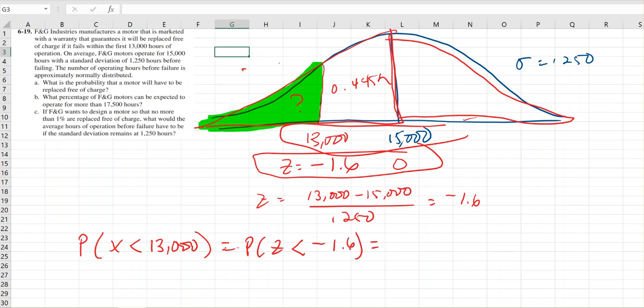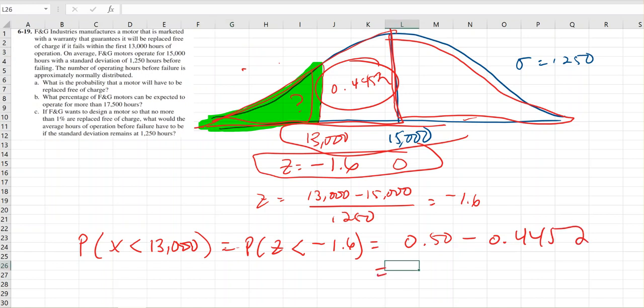And I know that to find the green part here, which is what we're looking for, is going to be 0.50, half of the curve, 50%, minus what we don't want, which is that 0.4452, and that gives me 0.0548 or 5.48% if you want it in percent. Okay, so I know that's 5.48%. And that's how you do that.